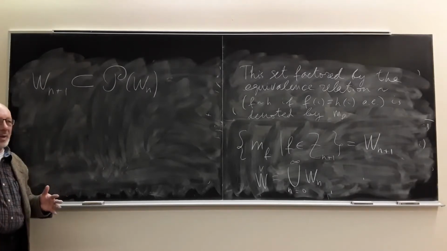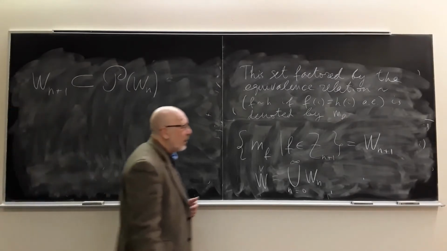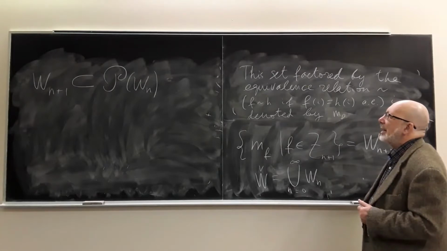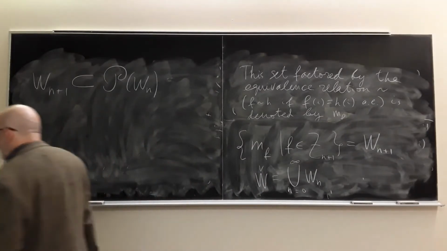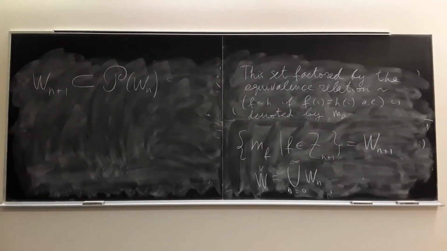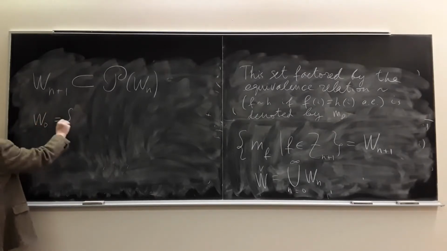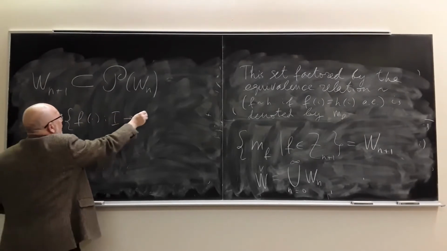Yes, it is a bundle of trajectories going through f of I for almost all I. So W0 is the set of f of I from I to S0.